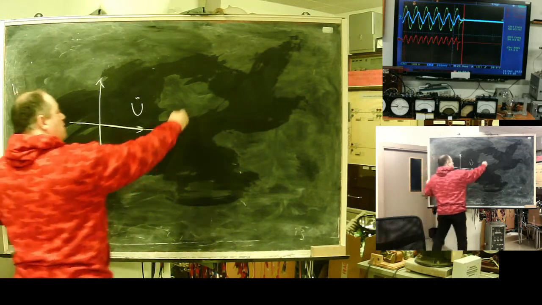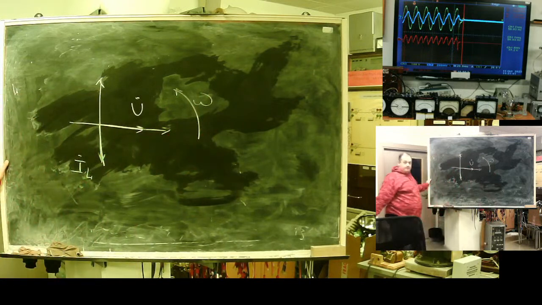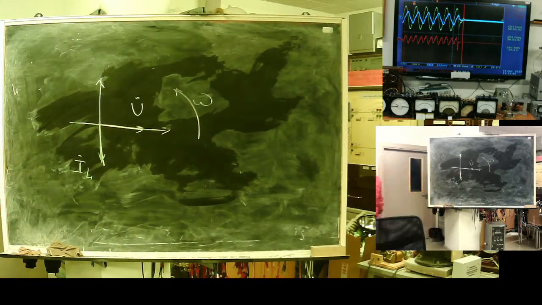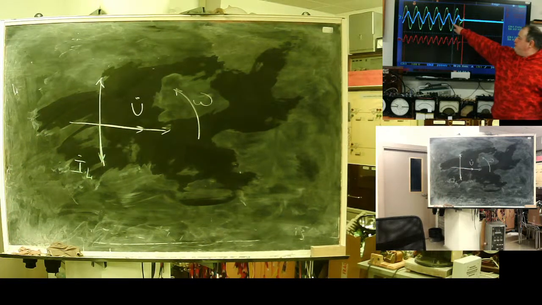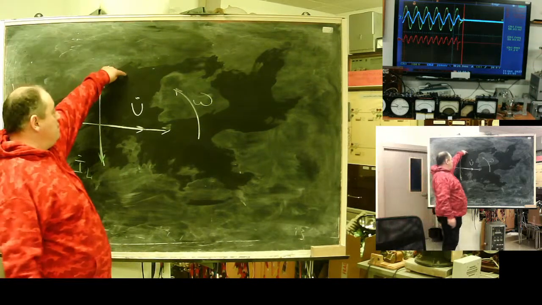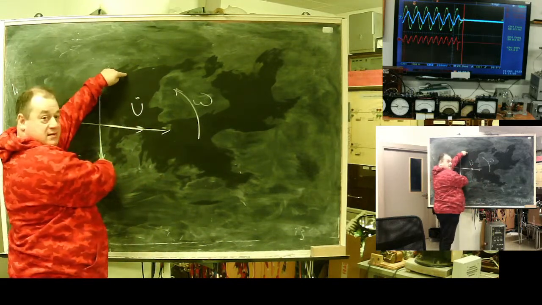Lagging, rotation goes this way. So we see voltage first. First arrives voltage and then current. If someone stands here, what will we see? First voltage hits him and then current.